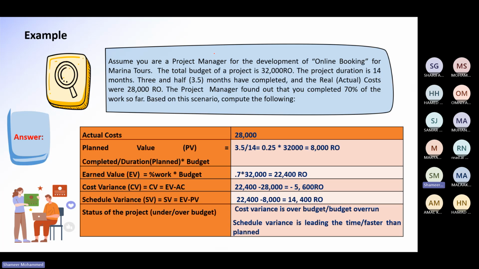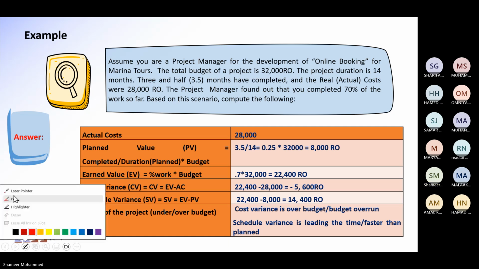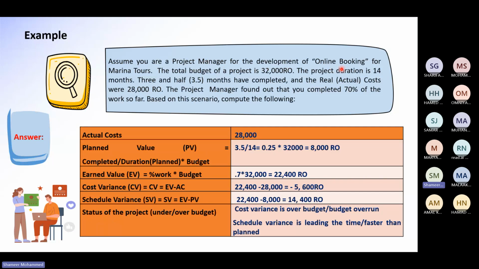See, like this, the question will be given to you in the exam. So assume that you are a project manager for the online booking show. So total cost of the project is 32,000 Riyal. The project duration is 14 months. Now, 3.5 months have been completed.